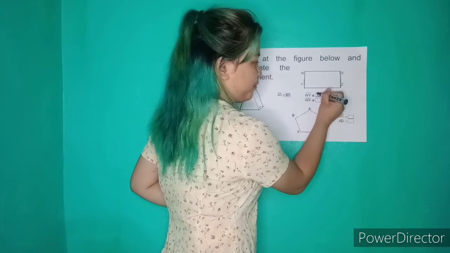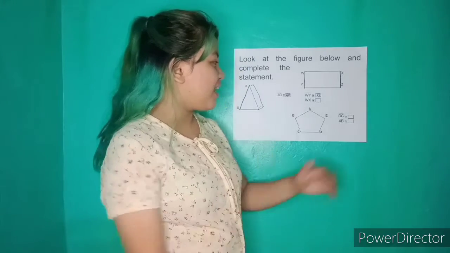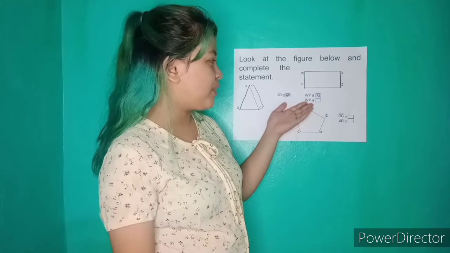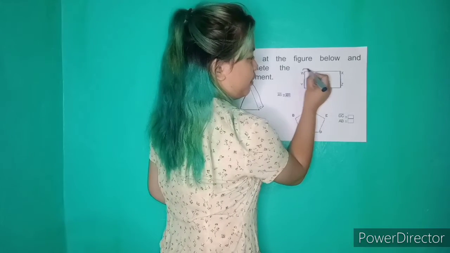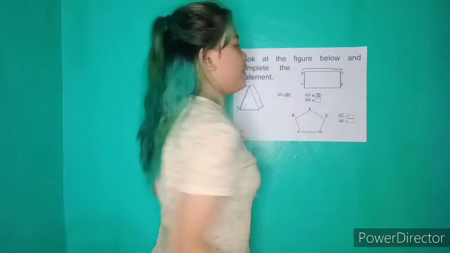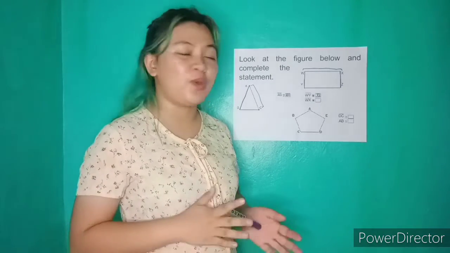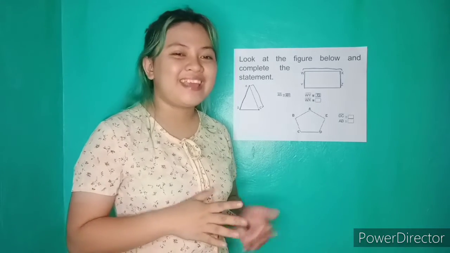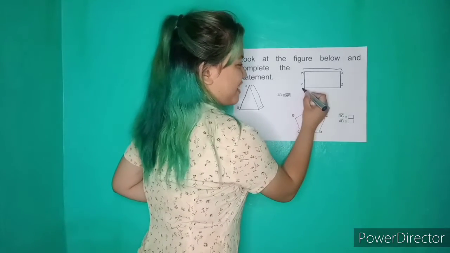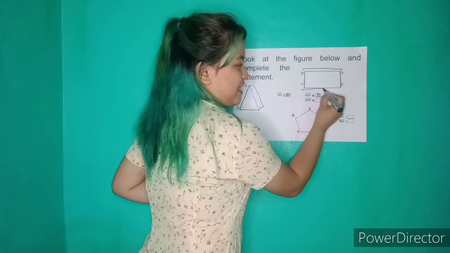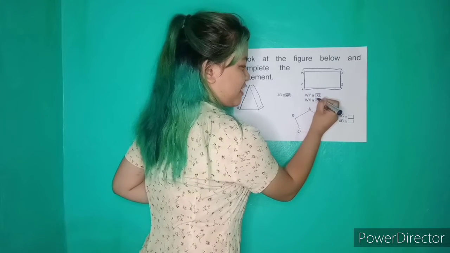Very good. Who can tell me what is the other line segment that is the same with WX? This one over here, the WX. What is the other line segment that is the same with WX? Yes, very good. We have line segment YZ.